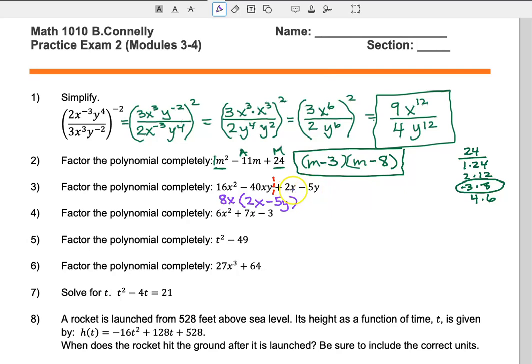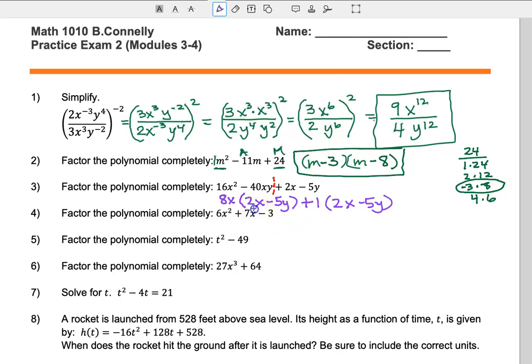Okay, now let's look at the second part. What is my greatest common factor of 2x and negative 5y? Nothing. Yeah, so if we can't find anything, that means that 1 is what we need to use as our greatest common factor. 1 can divide into both of those, but that is the biggest number that can. And then we still have that 2x minus 5y in parentheses.